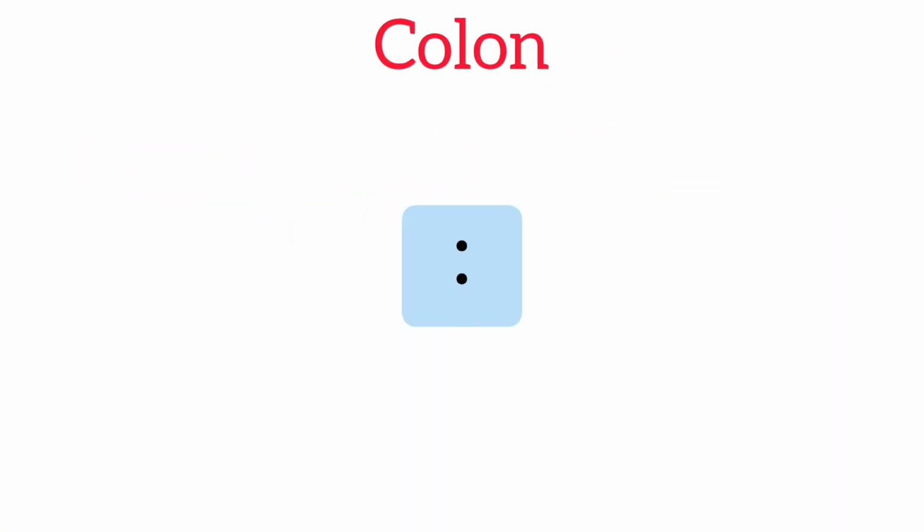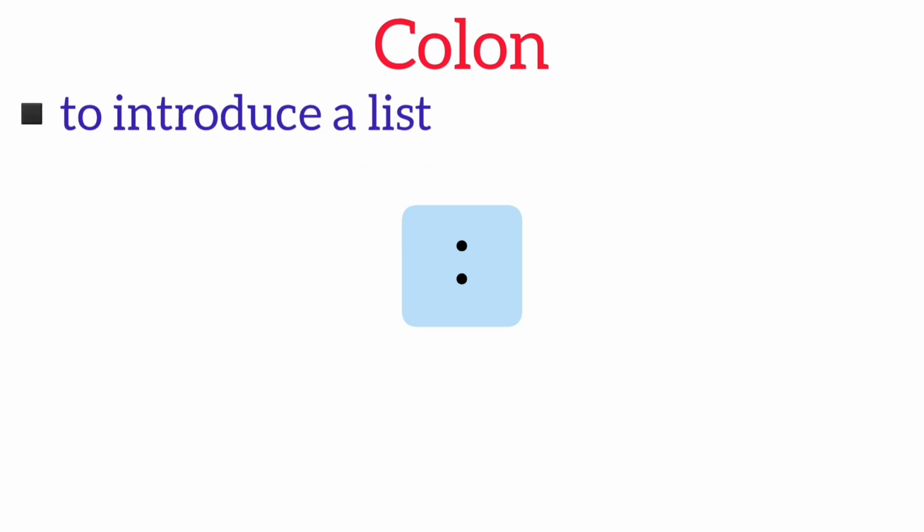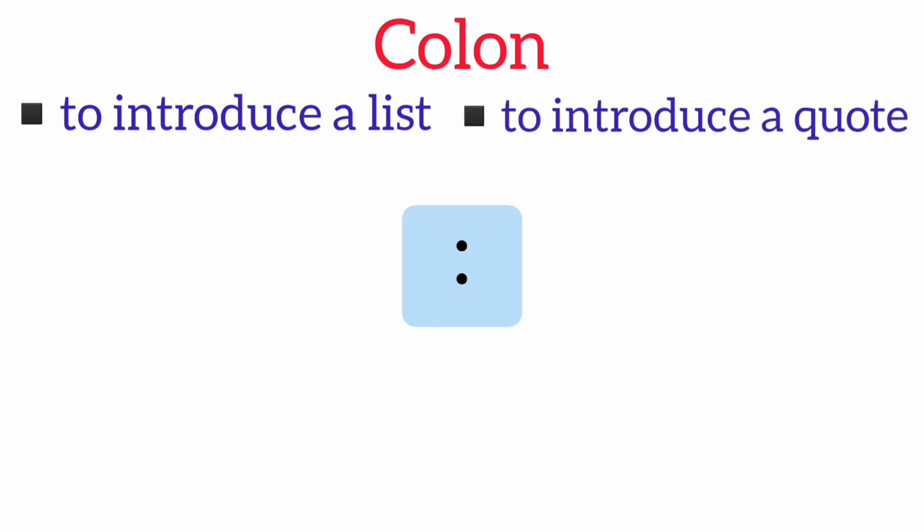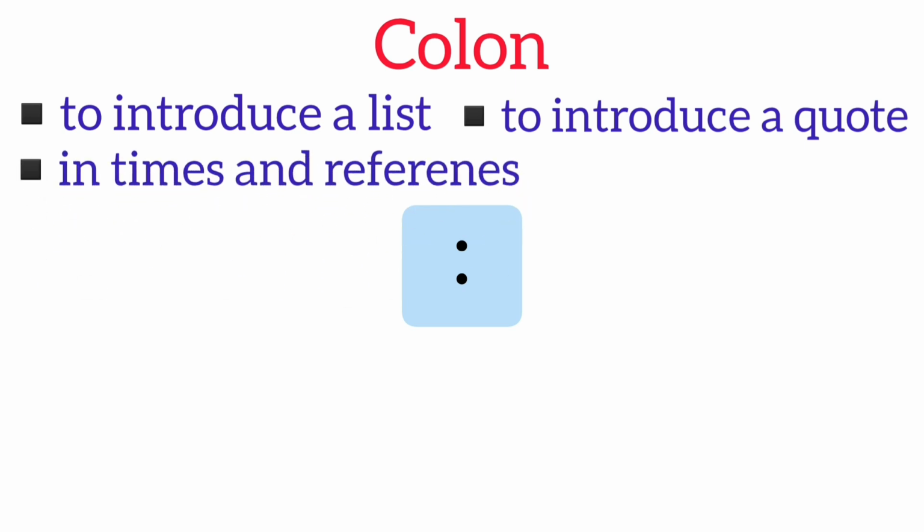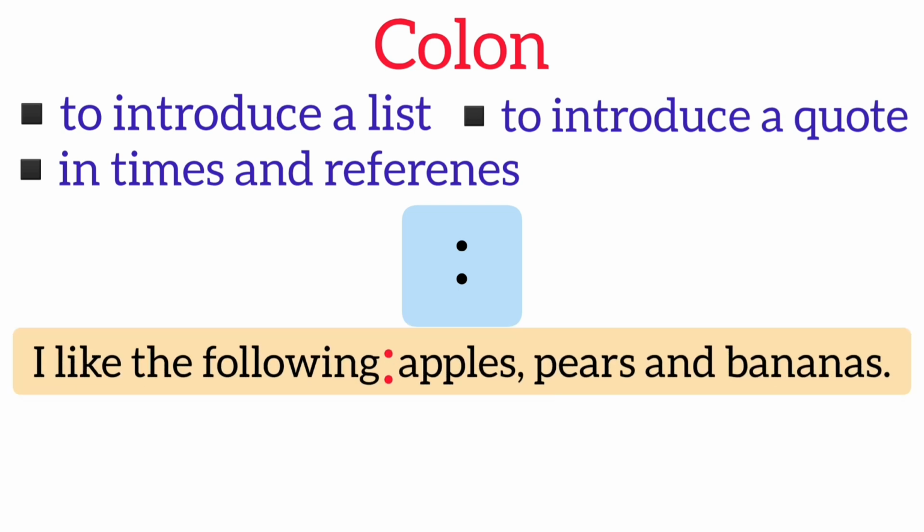Next one is colon. This is the mark. It is used to introduce a list. Number 2, to introduce a code. And number 3, in times and references. In these cases, we use colon. For example, I like the following: apples, pears, and bananas.